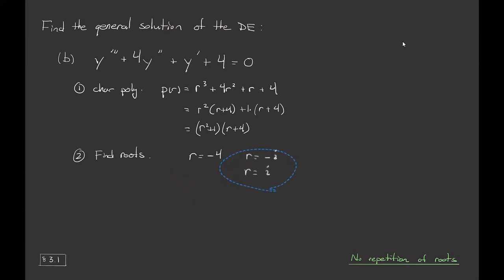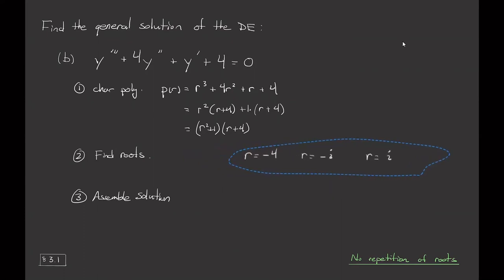Actually, let me organize it like this. Because then when we look at the solution formula, for each root, we're going to get a term. And I want there to be room here. So we get terms. For the distinct real roots, we get e to the whatever the root is times whatever your independent variable is.